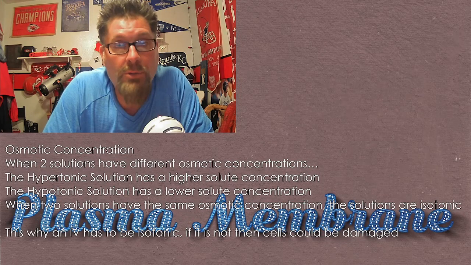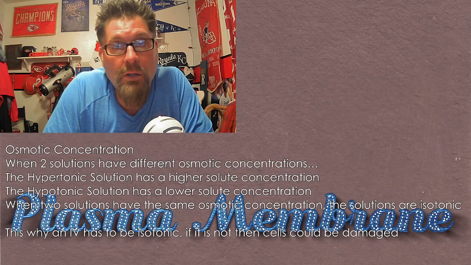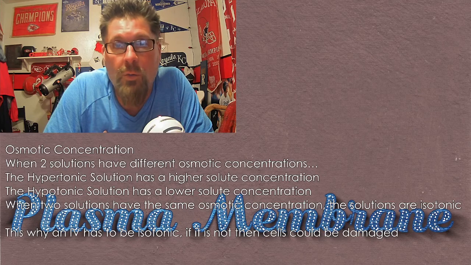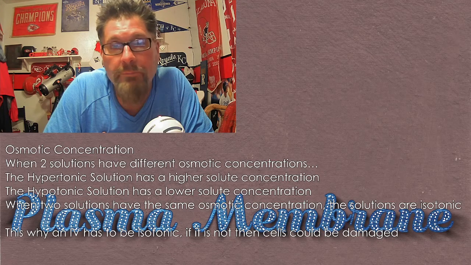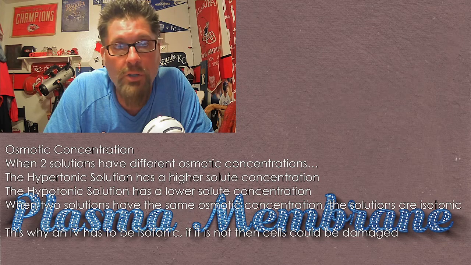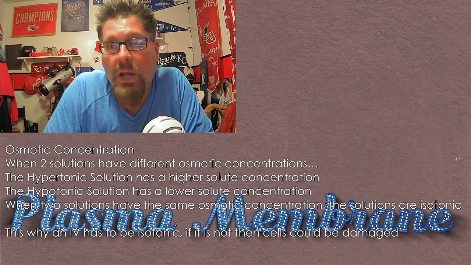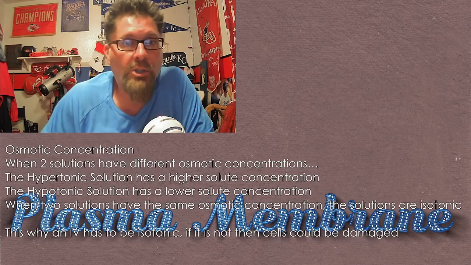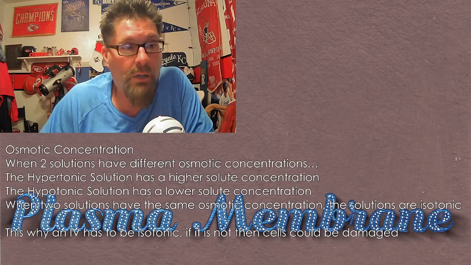If it's not isotonic and they give you a hypertonic IV, then the water rushes out. You don't want that. It doesn't want to be hypotonic either, with water rushing into your cells. That's bad. So it has to be isotonic. Now these next two screens are going to show examples of what we're talking about here.